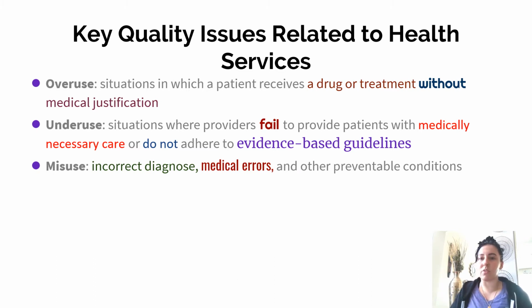Let's say a physician gives a patient a medication or a treatment and there's no medical justification for this. It's just that the physician wants to give this extra, something that is totally not needed.